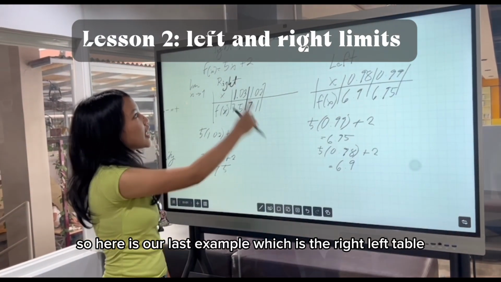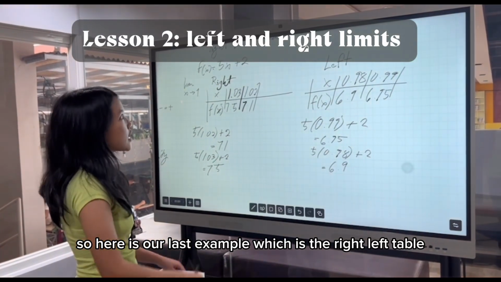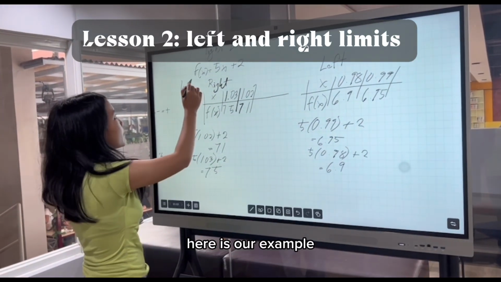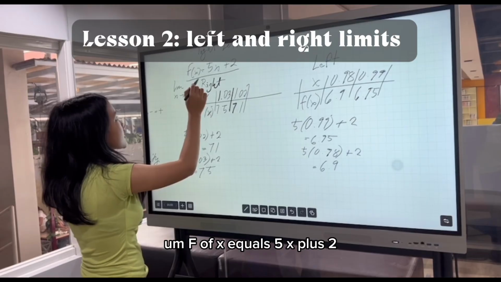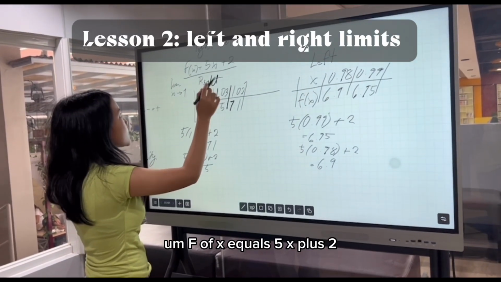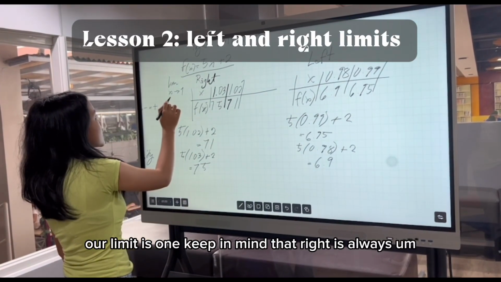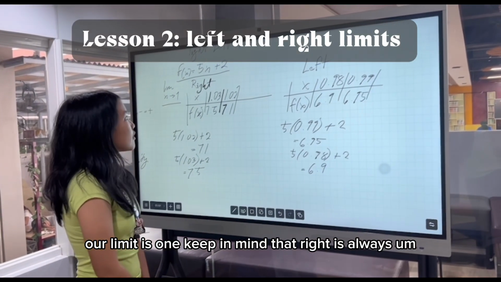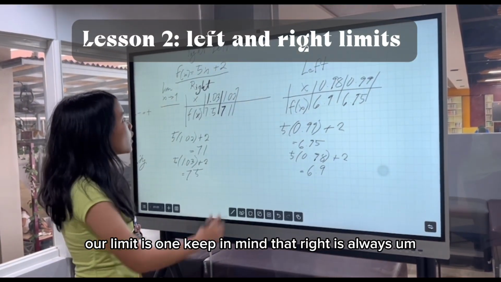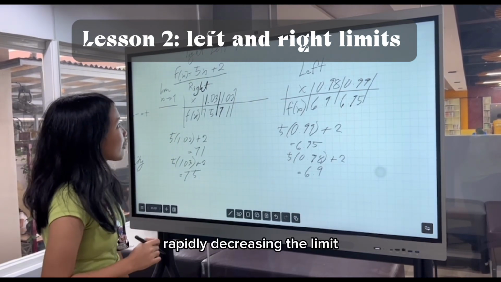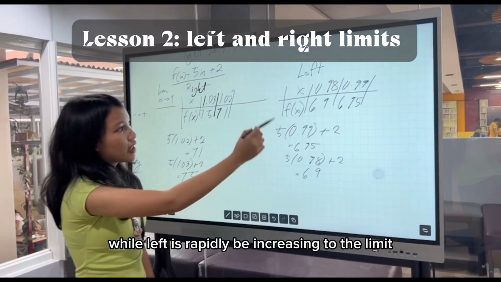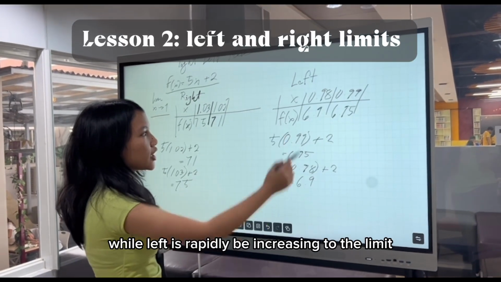So here is our last example, which is a right-left table. Here is our example. F of x equals 5x plus 2. Our limit is 1. Keep in mind that right is always decreasing to the limit, while left is increasing to the limit.